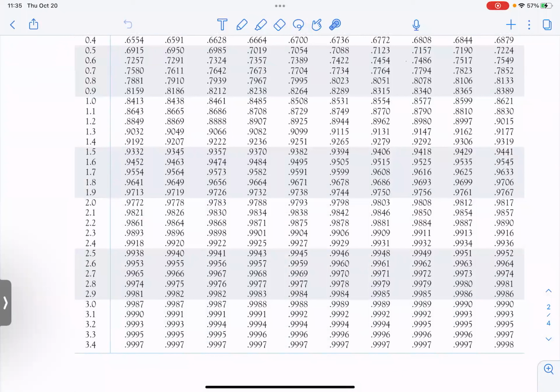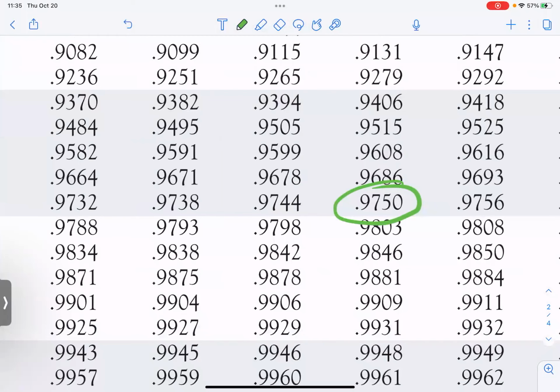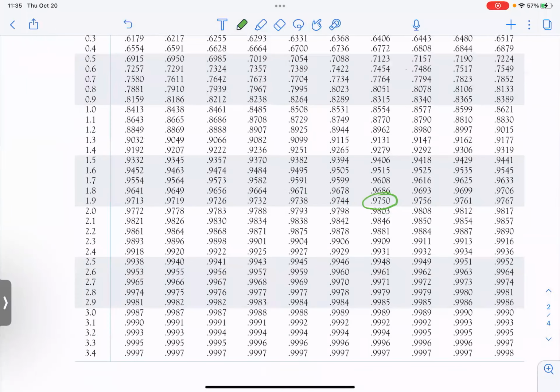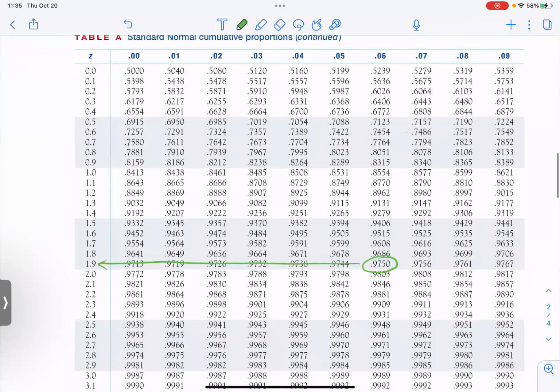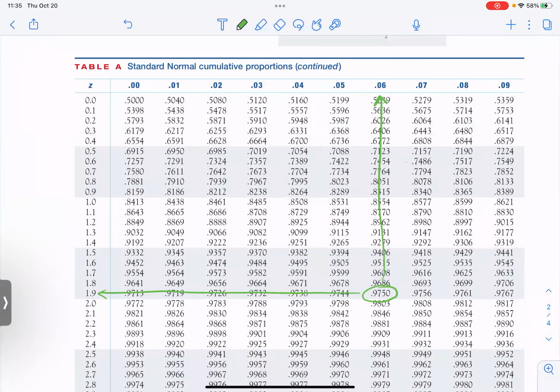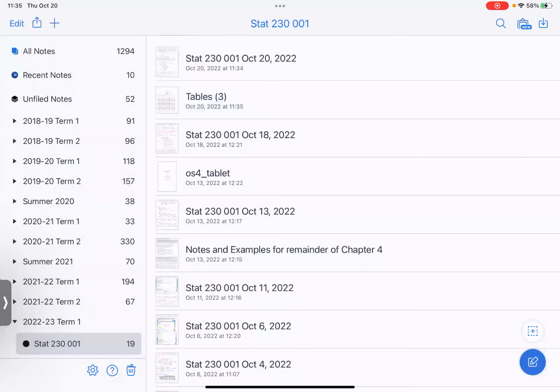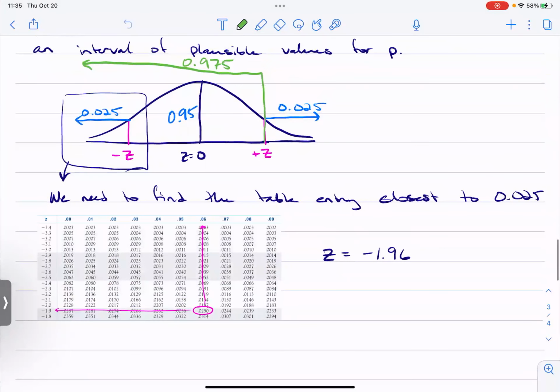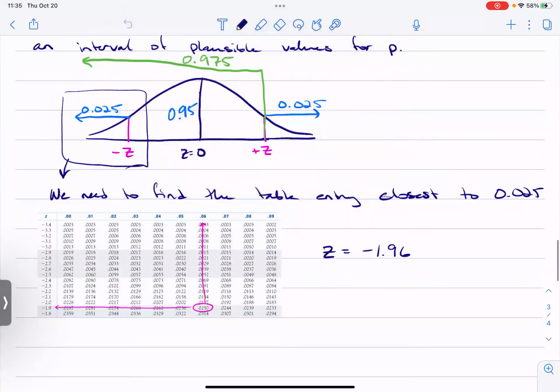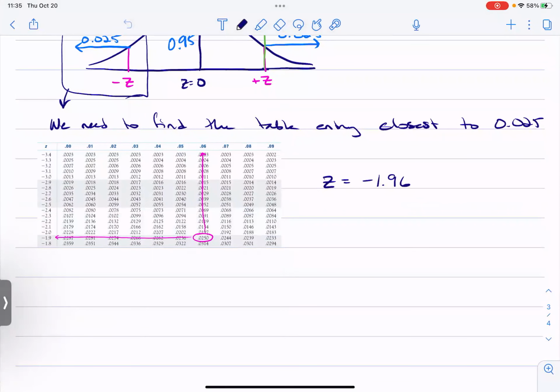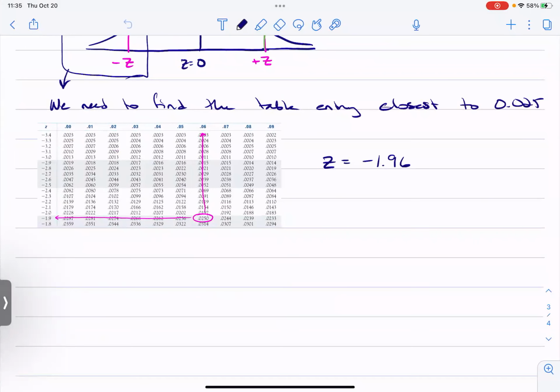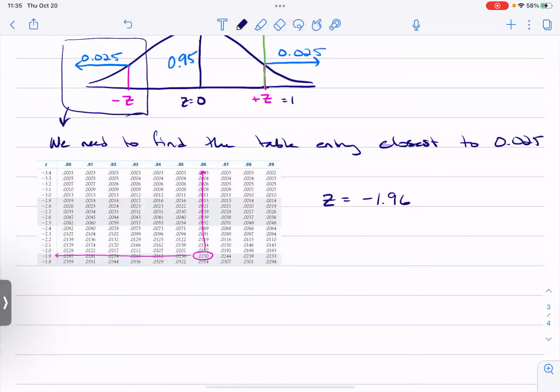And I do cheat a little bit because I go and find 0.975, and it does indeed track back to 1.96, which you can get there by symmetry or however you'd like. So here, this becomes positive 1.96.